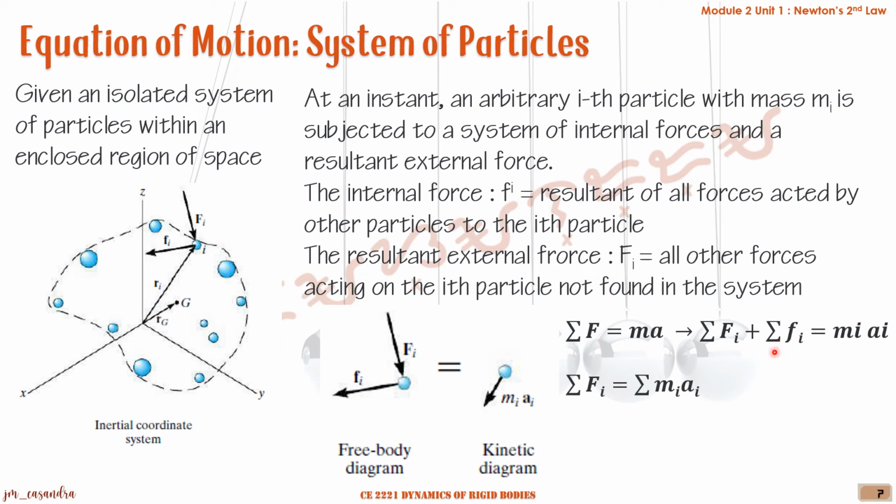So with this, the internal forces now will result to 0 as they are simply equal to the positive and negative values of the forces internally. Okay, so magka-cancel out lang sila. So we could simplify this equation simply as summation of the external force equal to the mass times the acceleration of the ith particle.